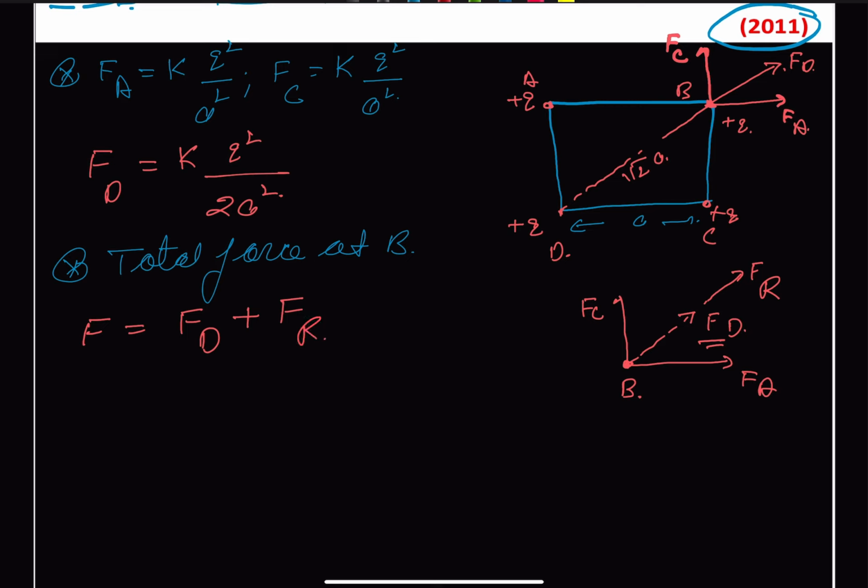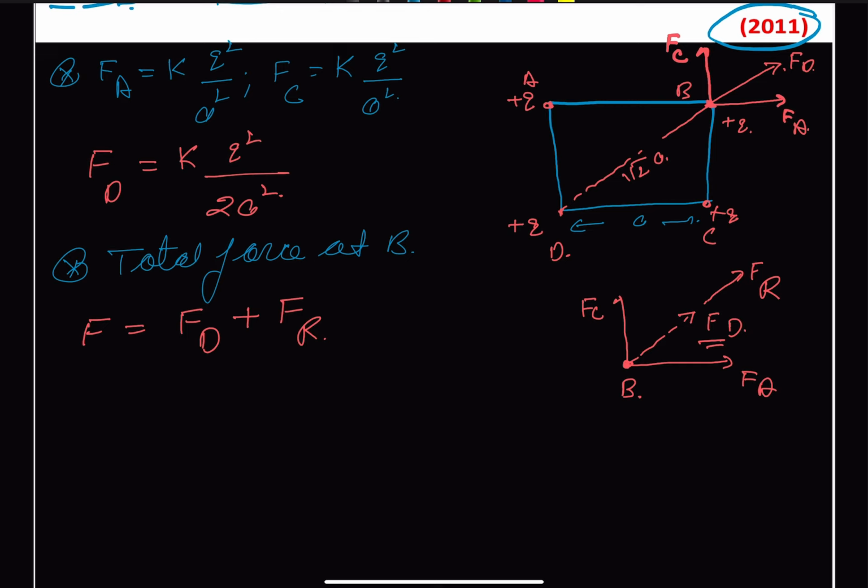And this FR, the angle between the two forces is 45 degrees, so this will be FA square plus FC square plus twice F1 F2 cos 45.